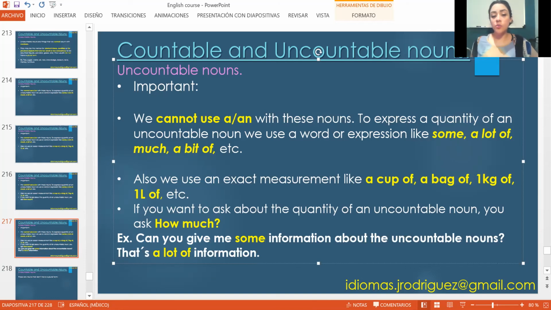And my expression in the answer, that's a lot of information. Eso es demasiada información. A lot of information. Here I'm using an expression like this. Or we can say that's much information. Okay?